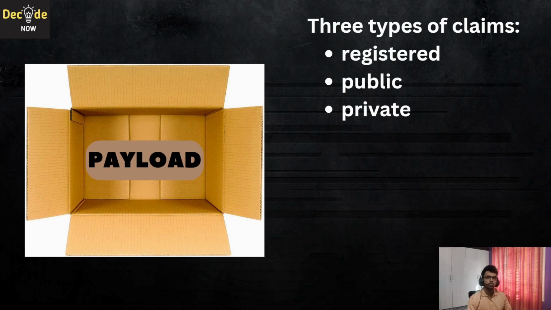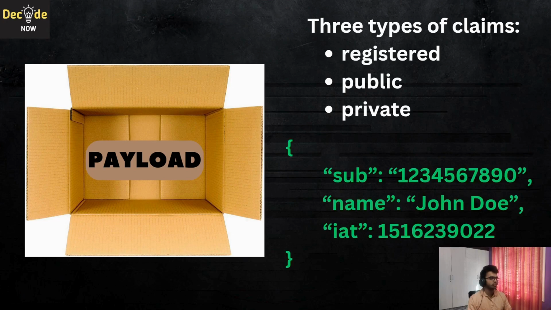Payload is also a JSON object and it looks something like this. It has sub, name, and IAT, where sub stands for subject of the token, name stands for the name of the subject, and IAT refers to issued at. Basically, it is the timestamp at which the token was issued. So this is basically the payload of the token.